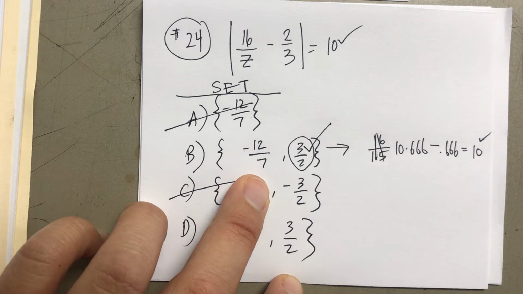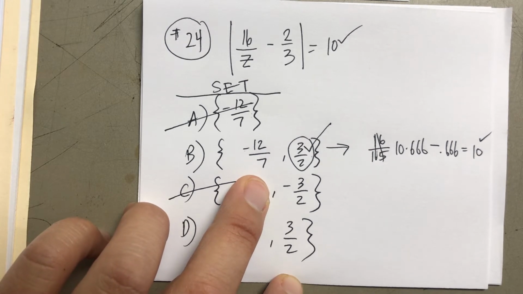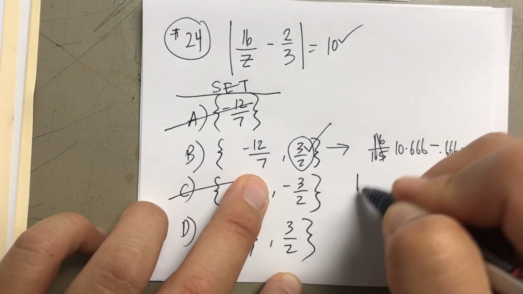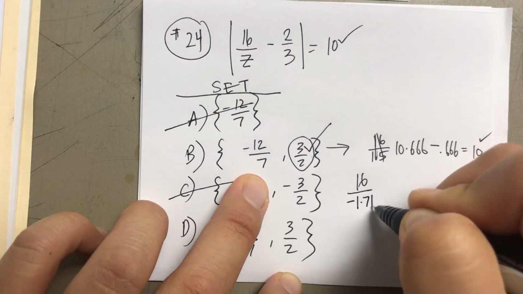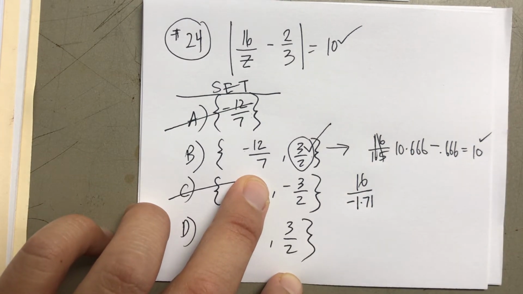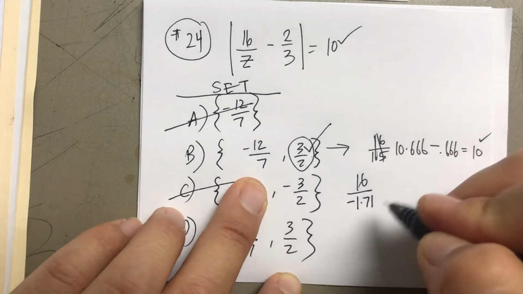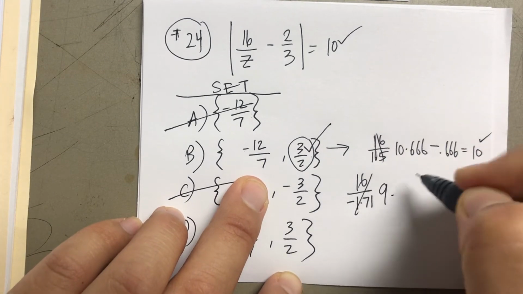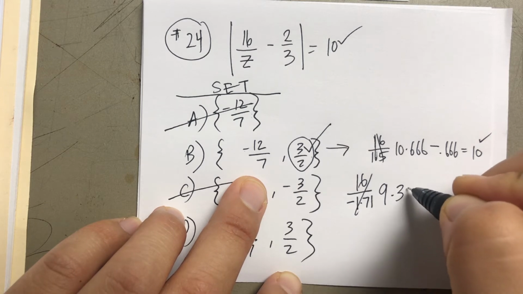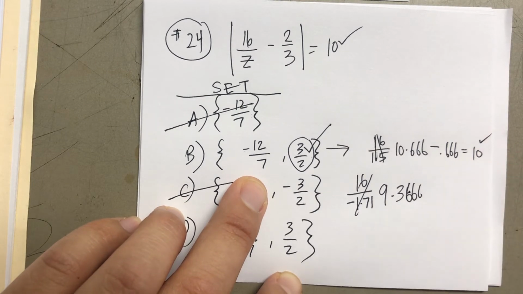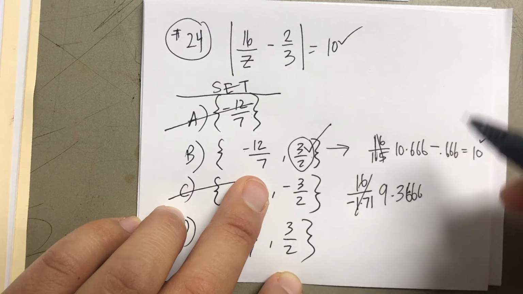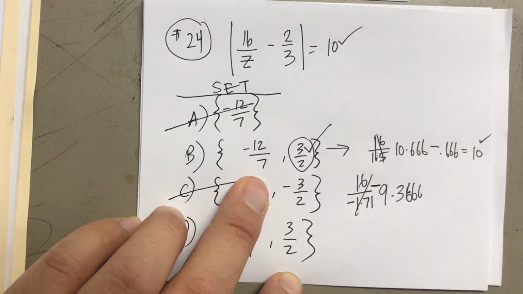So in my calculator, 12 over 7 equals 1.71. So 16 over negative 1.71 is 9.3666, okay? And by the way, that's a negative.